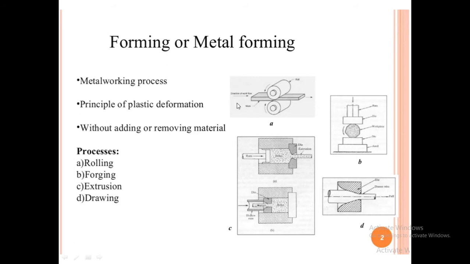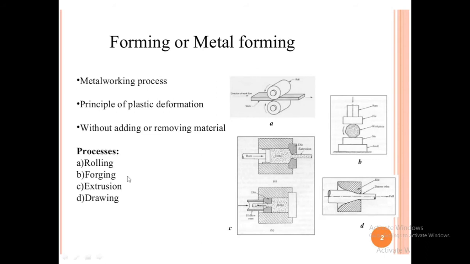On the left hand side of this image the thickness of the raw material is high, and on the right hand side the thickness is low. So this process is called rolling, in which the raw material is passed through two rotating rollers so that its size and shape change and it is plastically deformed.